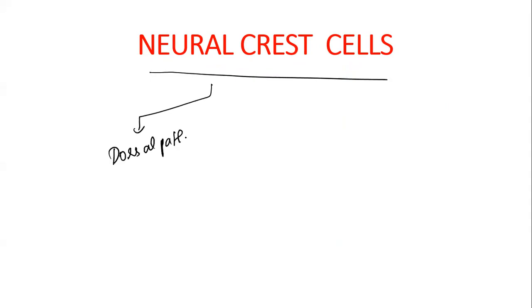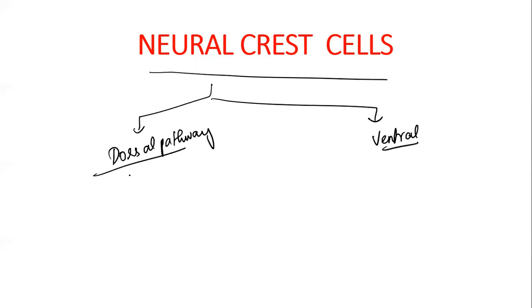So what is the role of neural crest cells? Once they are detached, they take two pathways. One is called the dorsal pathway. The other one is called the ventral pathway.